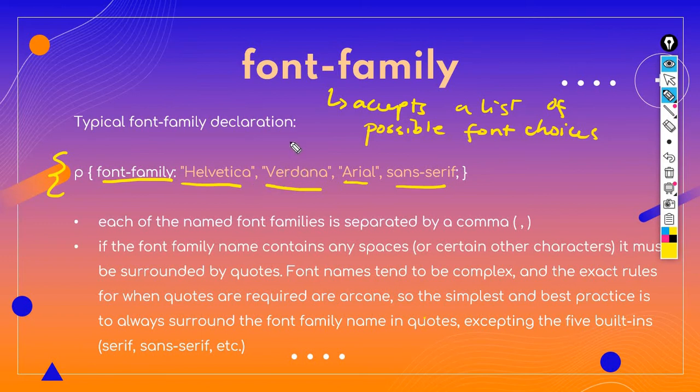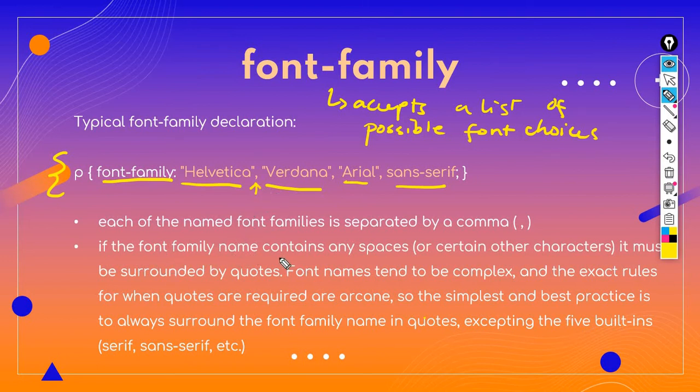If it isn't available, it will try Verdana, and then failing that, Arial, and lastly, fall back to the built-in sans serif browser font. So each of the named font families is separated by a comma.